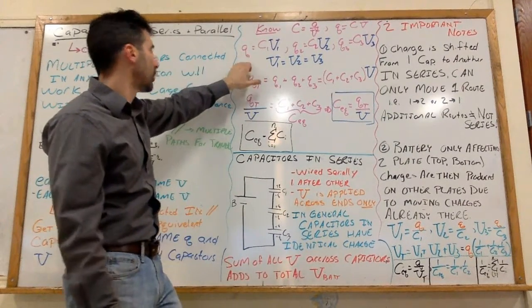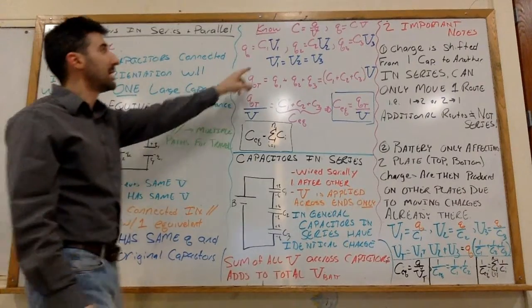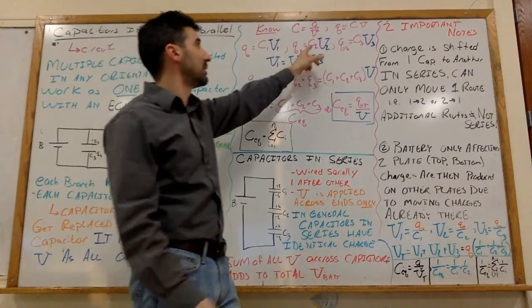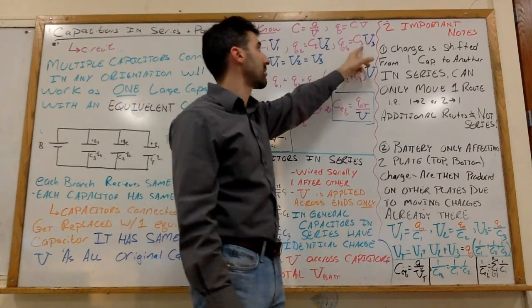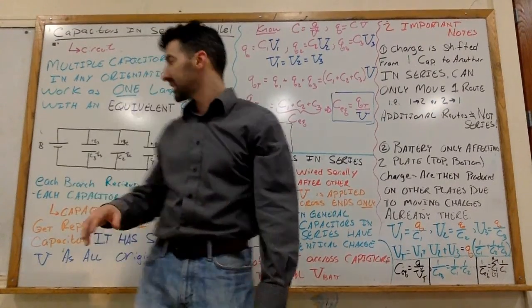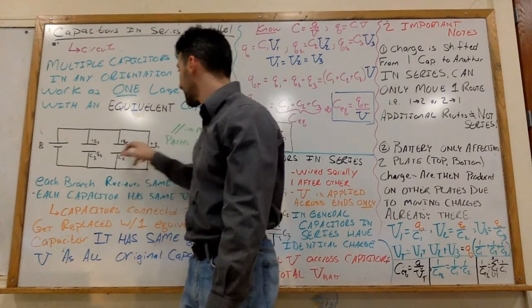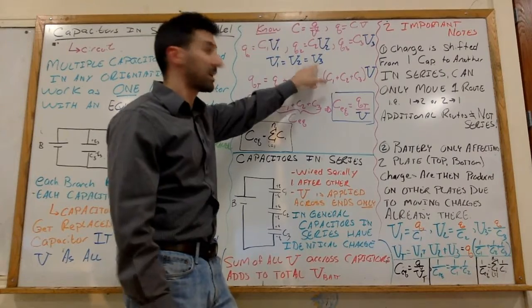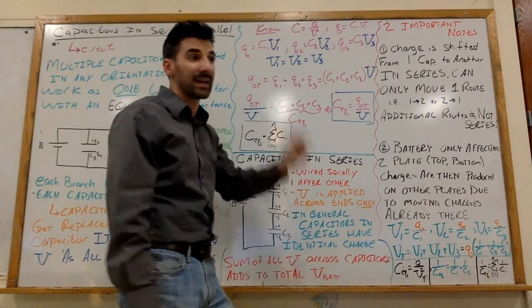So I have Q1, which is capacitor 1, is capacitance 1 times V1, my potential difference there. I have Q2 is C2 times V2, Q3 is C3 times V3. Now what did we just say? We said that they all receive the same potential difference, which means V1, V2, V3, the potential across each one is identical.